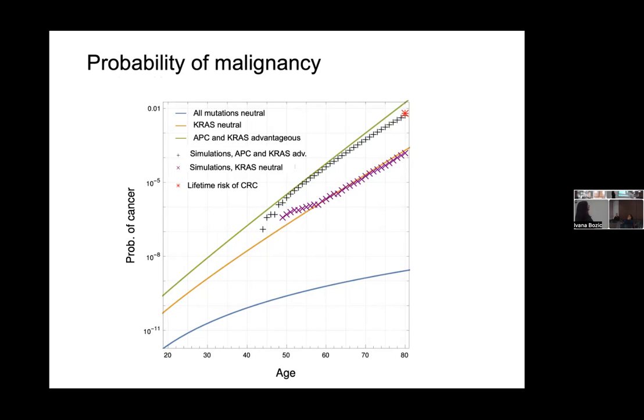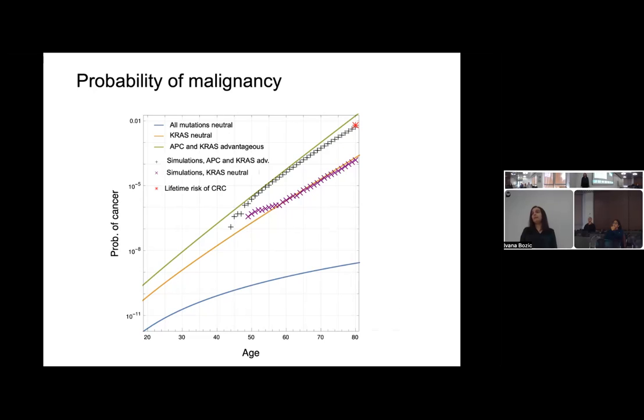And we see that this is in agreement mostly with our green line, which assumes both APC and KRAS have an advantage and TP53 does not. And if you're interested in how the simulations and the approximations agree, they agree well, unless you start having larger growth advantages like here, and then they start to deviate at later ages. But our simulations are in good agreement with this lifetime prevalence of colorectal cancer.